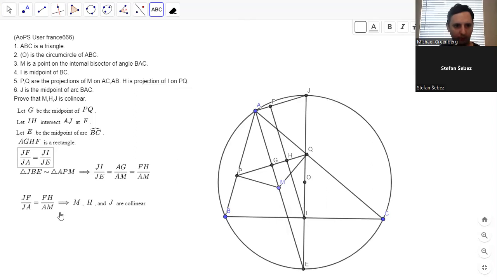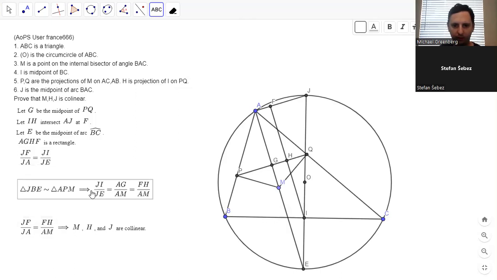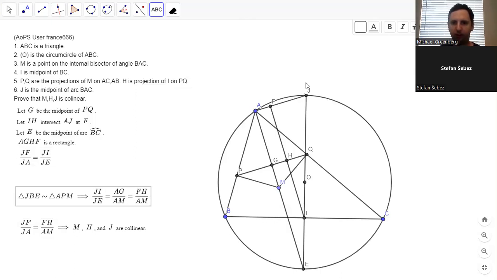And then I'm just going to prove this similarity really quickly. So we have angle BJE is half of BJC. Actually, it's just BJE is BAE, which is PAG.